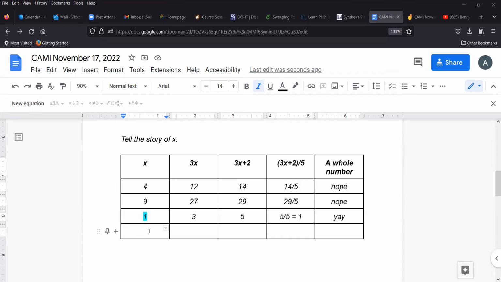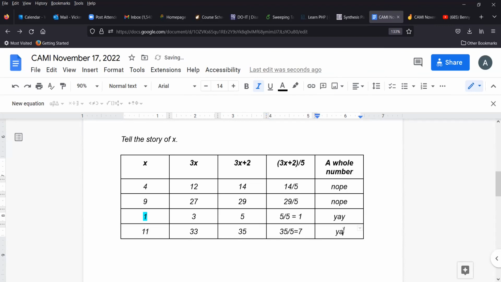Okay, 11. So if x is 11, 3x becomes 33. Thank you, Vera. And 3x plus 2 is 35. So 35 over 5. Is this a whole number? Yes. 7. Yay, again.